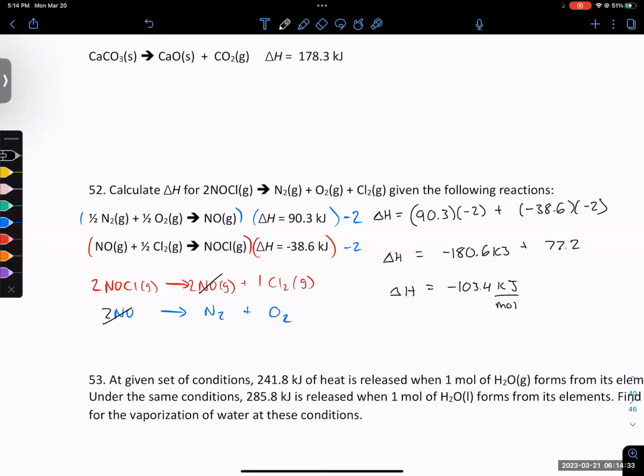Unit should be kilojoules per mole. I just didn't write the mole part here, so it should be mole there.